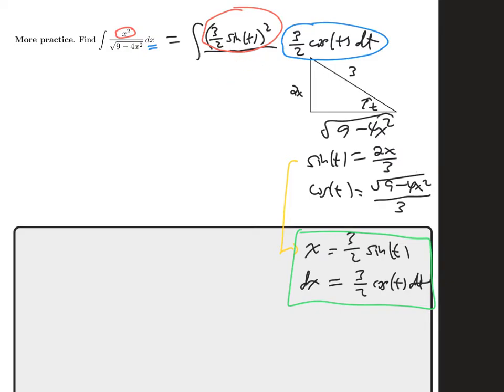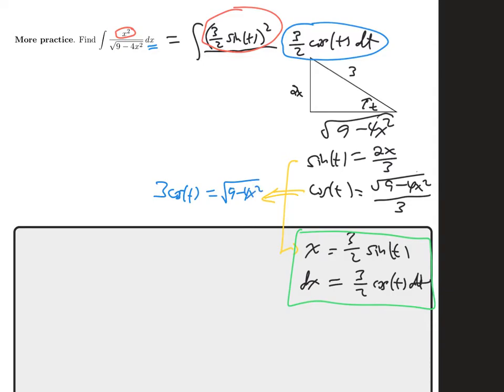I'm still missing the square root of 9 minus 4x squared part. And like before, I could try to make x equal to 3/2 sine t. I mean, I could try to do it from here, but if I've been paying attention through this process, I should be able to kind of short circuit it. The square root of 9 minus 4x squared is what I'm substituting. And notice right here, I have something that has square root of 9 minus 4x squared in it. So from this fact, I know that 3 times cosine t is square root of 9 minus 4x squared.